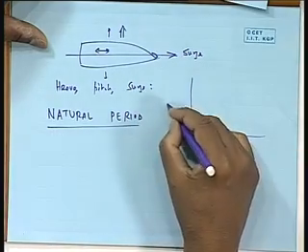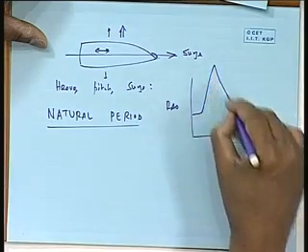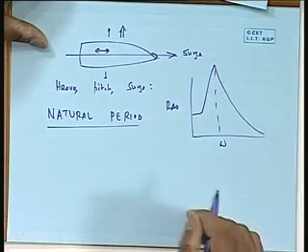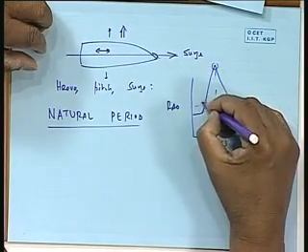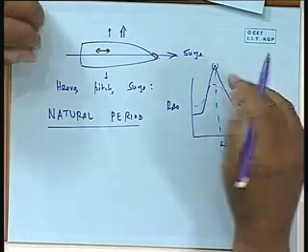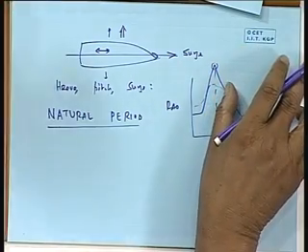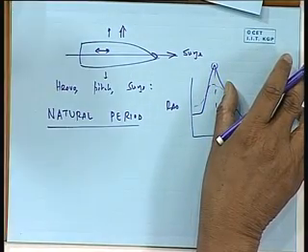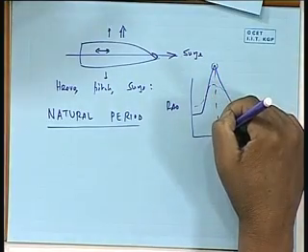If you draw an RAO with omega, there is a place where it peaks. This is my natural period. You know that there is a high one, and this is important because if my spectrum is falling here, as I mentioned yesterday, then I have a very large response. What is natural period? It means the ship is going to have a very bad motion in a single wave if that wave is of that frequency.